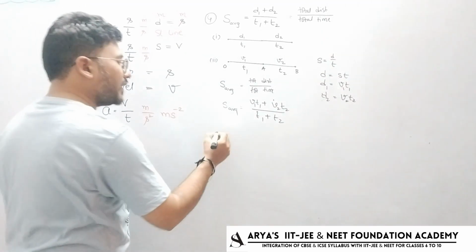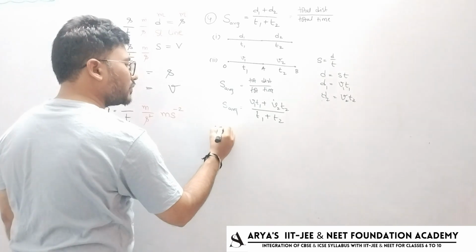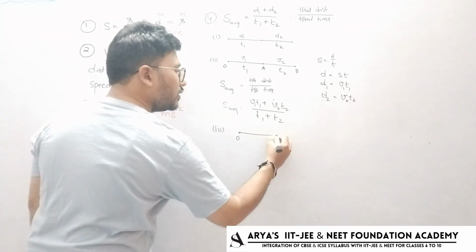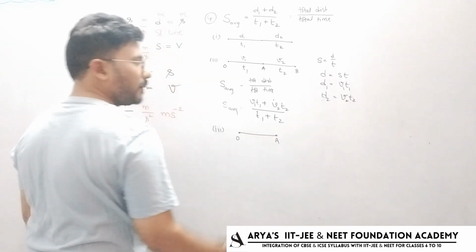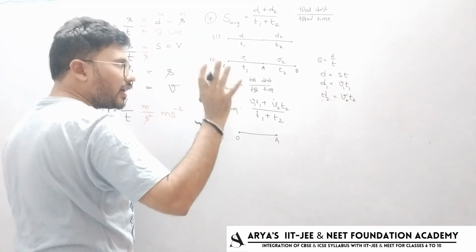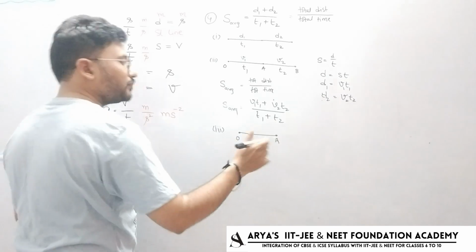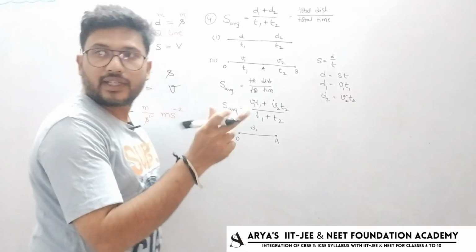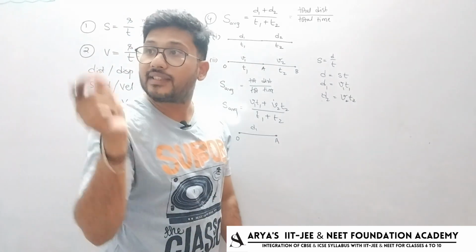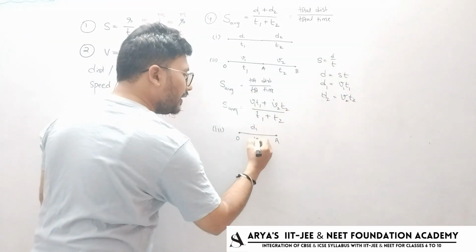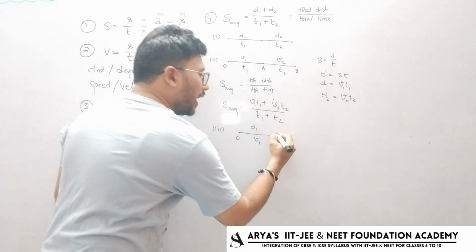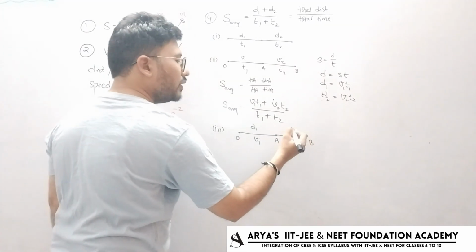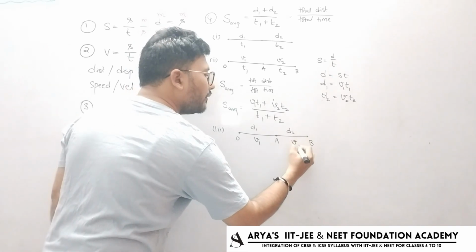Okay, now another example. Consider a body starting from O going to A and it is covering distance D1. It is covering distance D1 and it is travelling with velocity V1, and from A to B it is covering distance D2 and it is moving with speed V2.